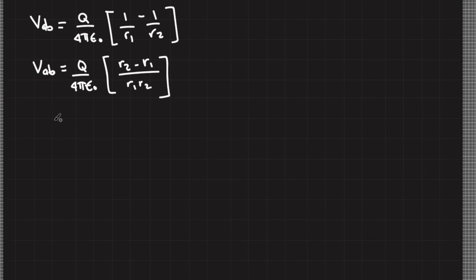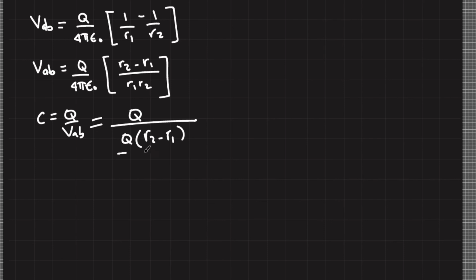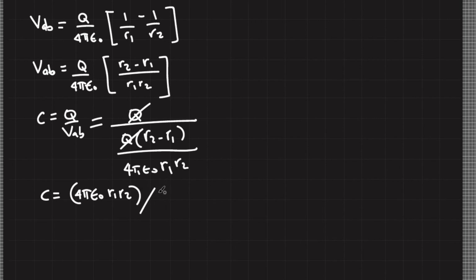So isolating all the constants, now plugging this into the definition of capacitance, Q over V sub AB, plug it here. We'll end up with C equals 4 pi epsilon naught r1 r2 divided by r sub 2 minus r sub 1.